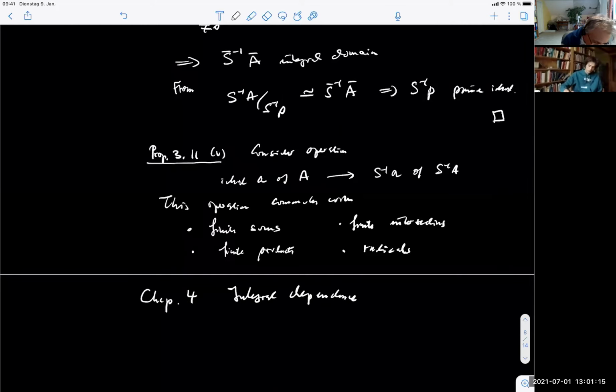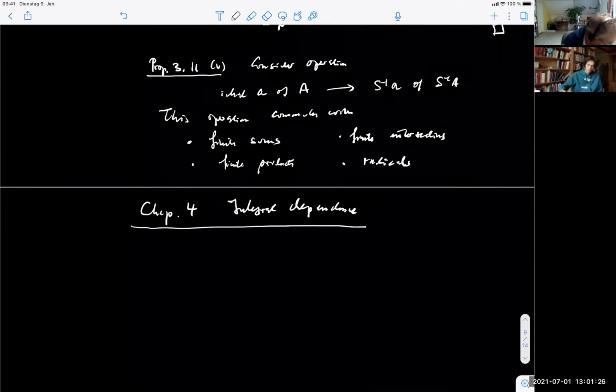Actually, in Atiyah-MacDonald it also covers valuations, but I will skip valuations. It will be just integral dependence. Section 1 is also integral dependence. Why not?